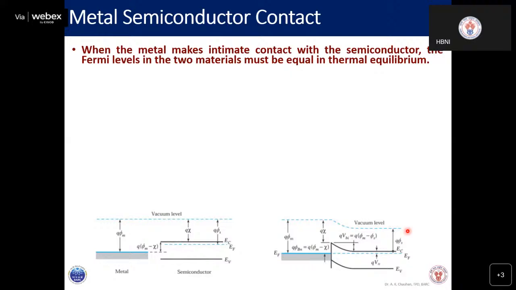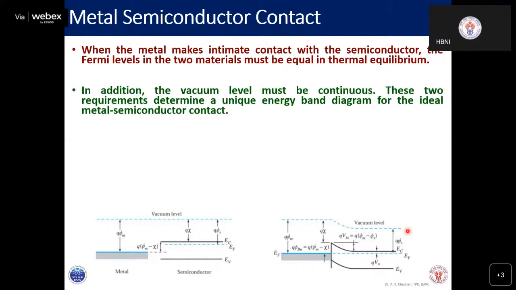So whenever you are joining two materials under thermal equilibrium, the Fermi level should be aligned. This is a must. So whenever you are trying to draw a diagram, and you have two individual diagrams of two semiconductors, or heterojunctions, or any kind of thing, first thing is that in thermal equilibrium, the Fermi level has to align.